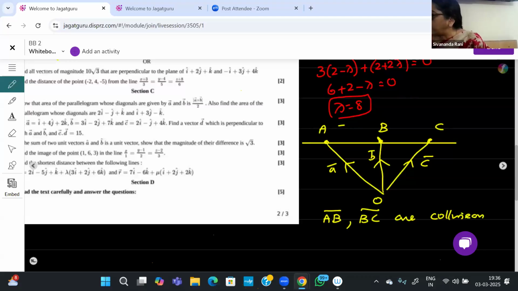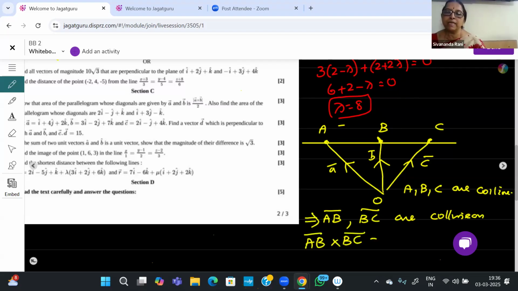In terms of points, it has a different implication. Collinearity means they lie on a line. Okay. The points A, B, C are collinear means they lie on a line. That means this AB, BC will be collinear, or in other words, AB cross BC is 0.